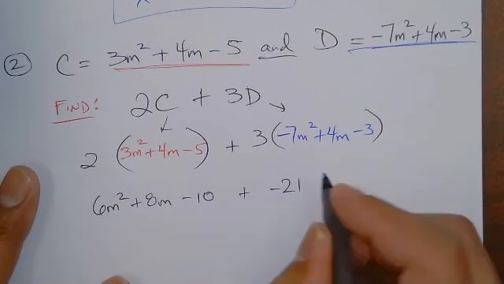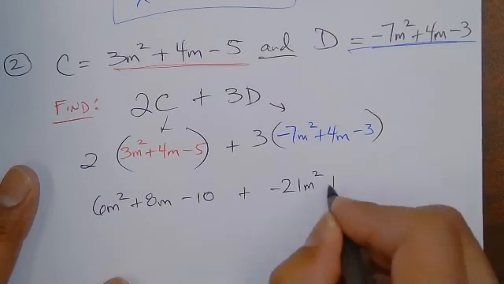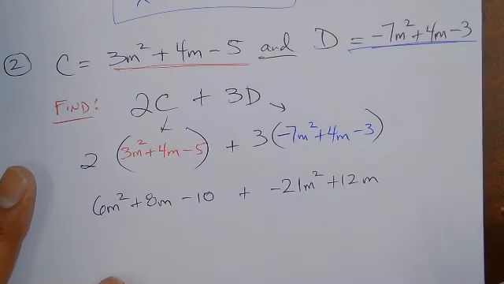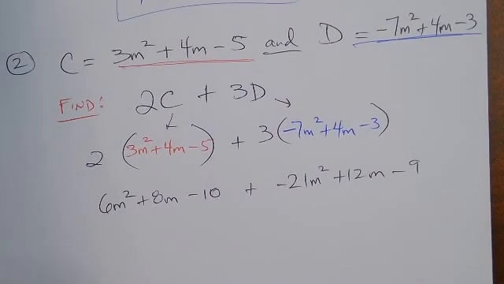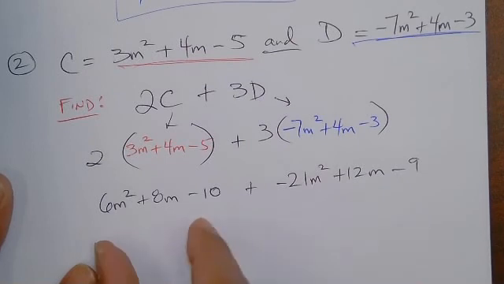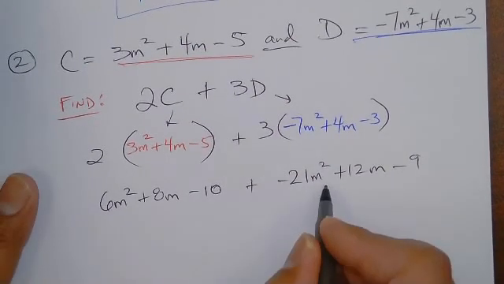So that would be plus what? That's going to be negative 21m squared plus 12m minus 9.